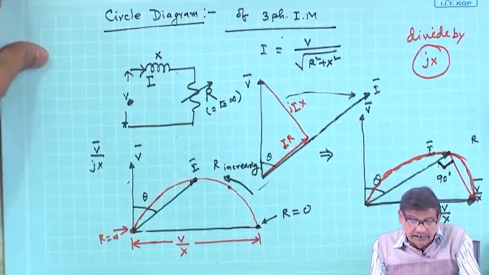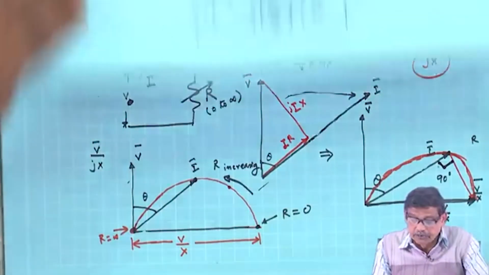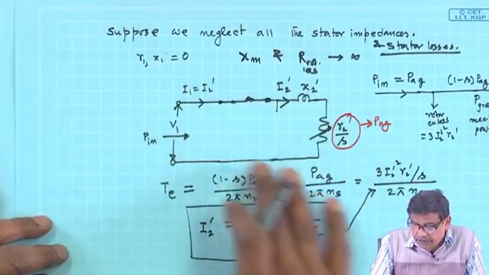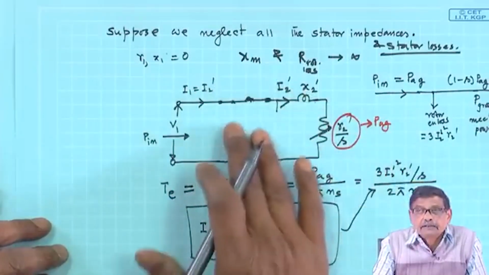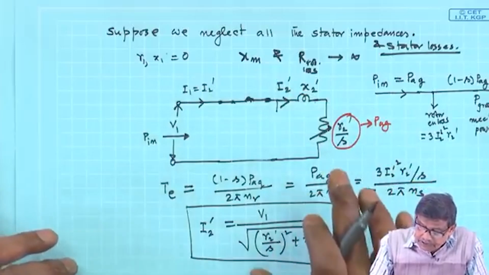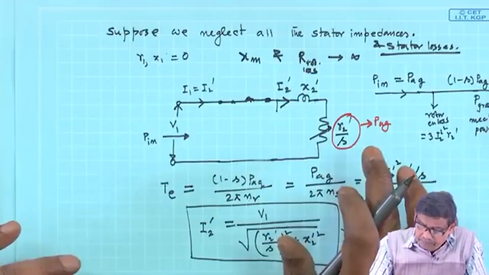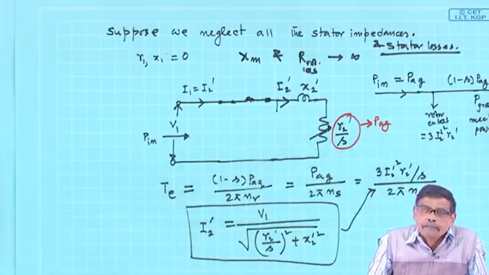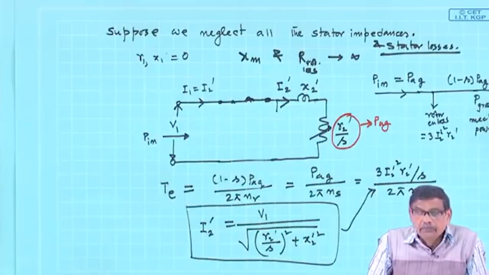Now, the circle diagram of a 3-phase induction motor in its simplest form can be obtained when the circuit is like this. In this circuit, you see slip decides what the operating point is. Okay. Slip value can change from 0 to 1.